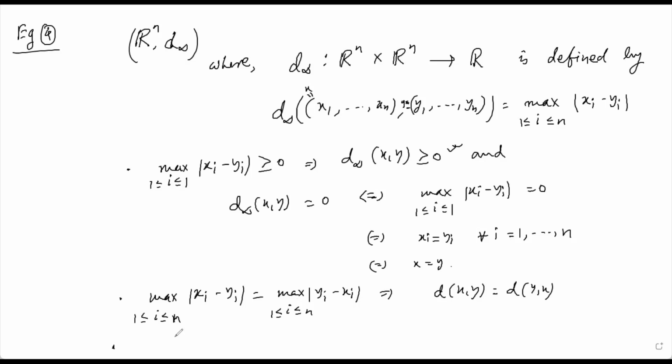For the triangle inequality, let's say z equal to (z1 and so on, zn) belongs to Rn.